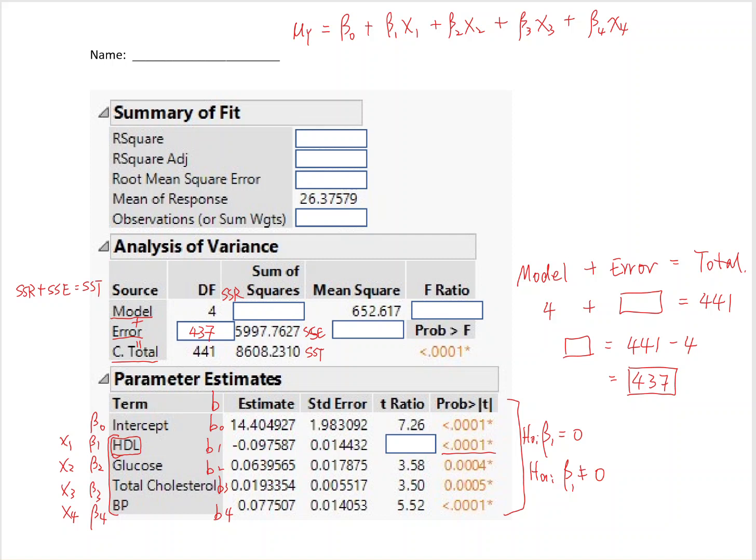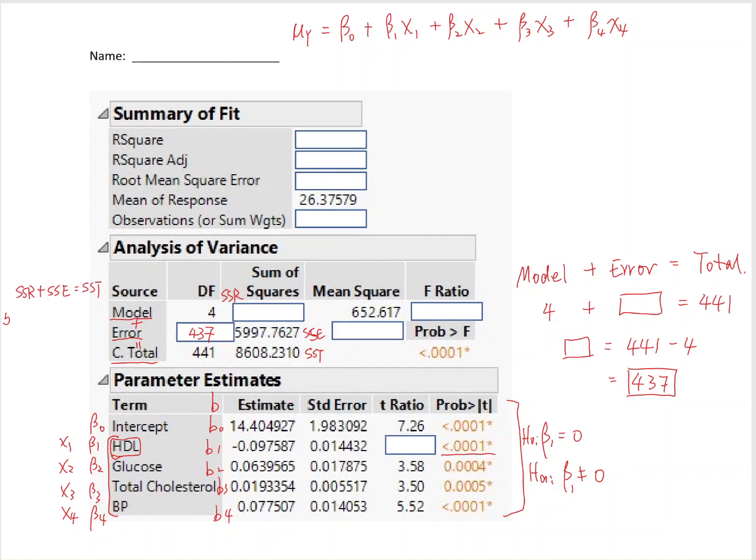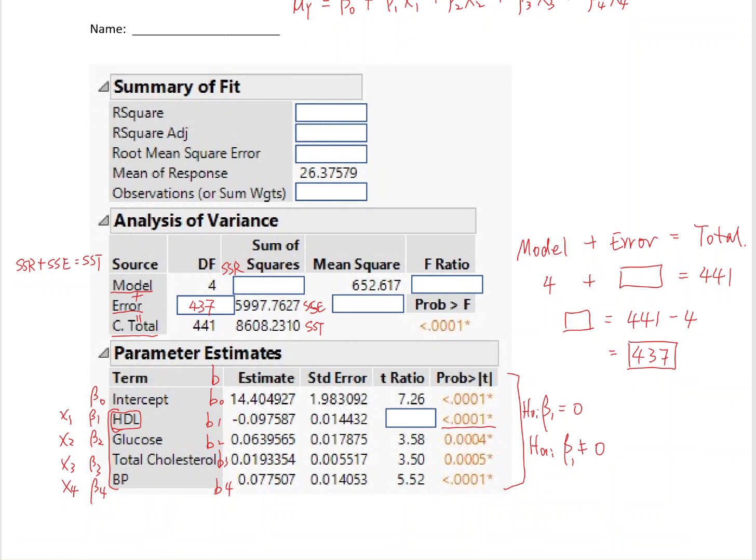Then how do you get this blank? We just do the subtraction: 8608.2310 minus the SSE, which is 5997.7627, equals the SSR, which is 2610.4683.